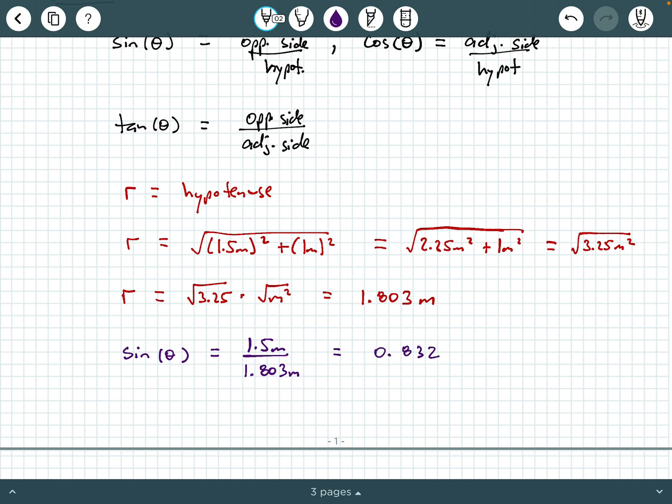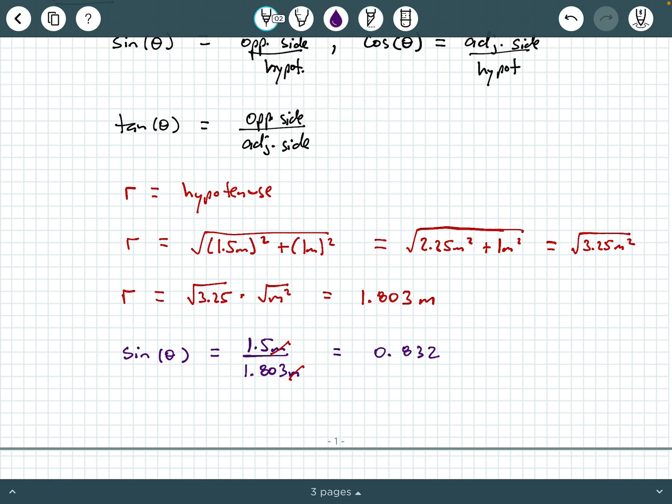Now, ask yourself this, does this 0.832 have units of meters here? The answer is no. Why is that? Well, if you notice, the meters cancel. You have meters in the numerator and meters in the denominator that cancel themselves out. So the sine of theta, 0.832, is unitless here, okay?